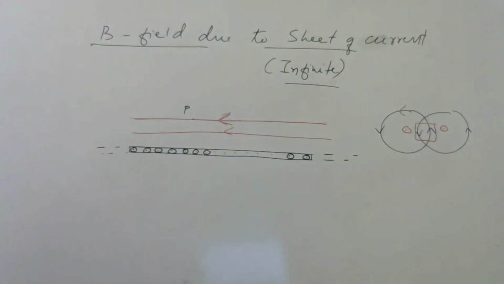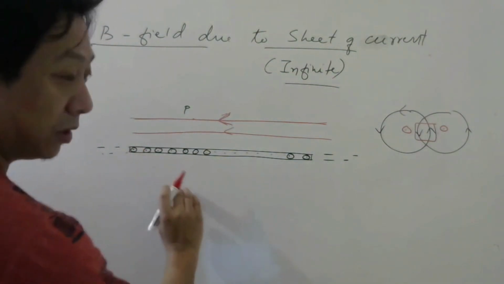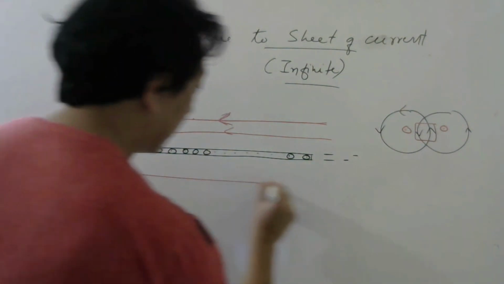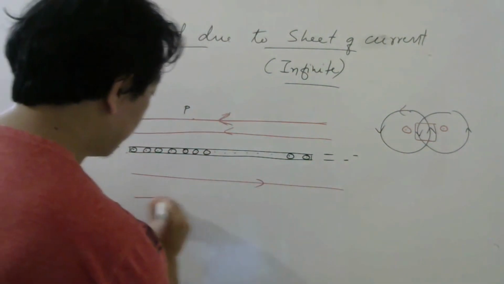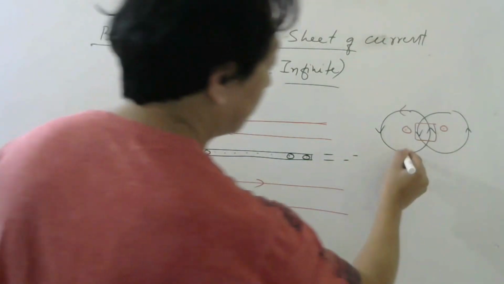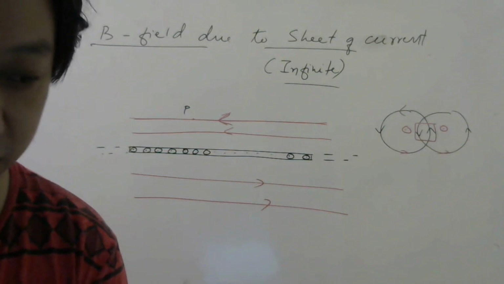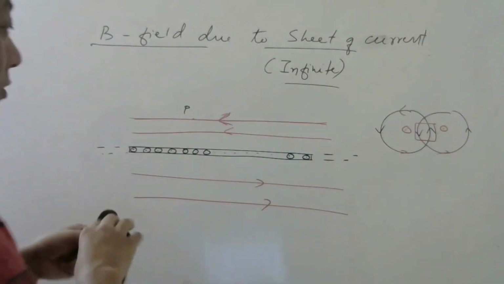Okay. Similarly, below this sheet, you can say the magnetic field will look like this. So this is how, by symmetry, you can guess how the magnetic field lines will look.